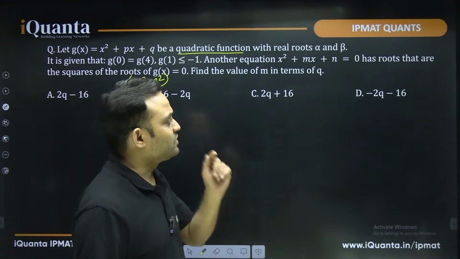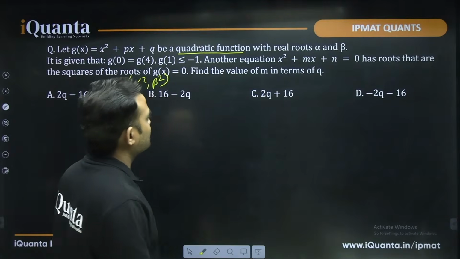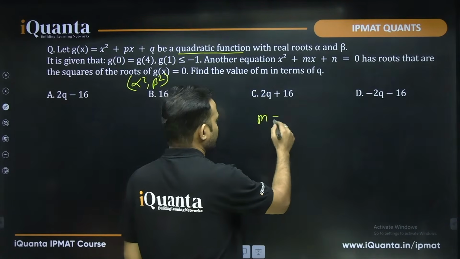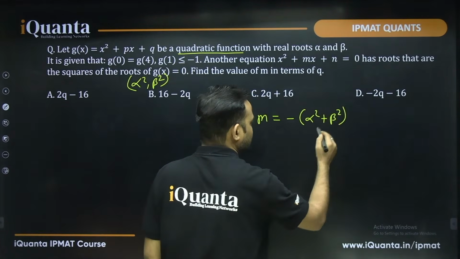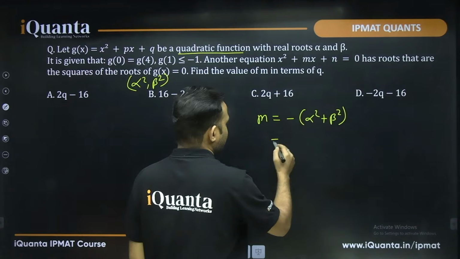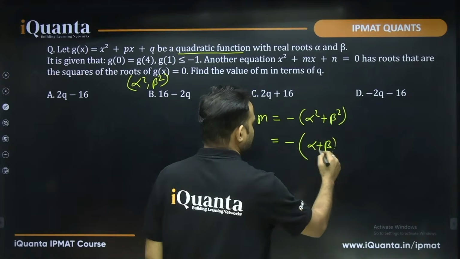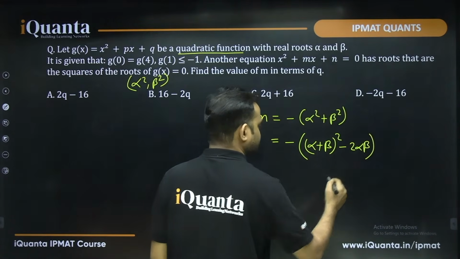First of all, we are going to find what do we need, right? What is m? m is nothing but minus of alpha square plus beta square. And this I can write as alpha plus beta whole square minus 2 alpha beta.